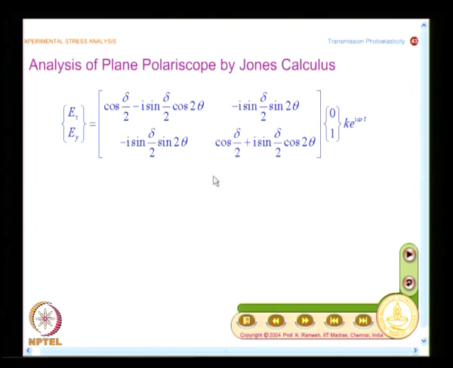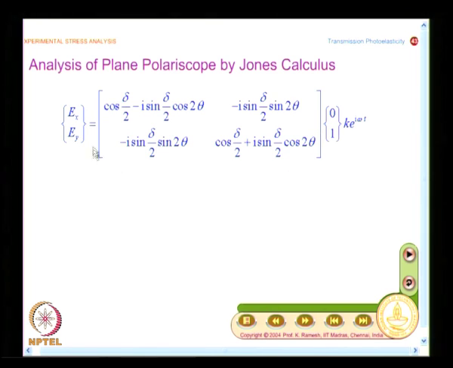You have only the model, and you have already written down how to represent a retarder. In fact, you can put the rotation matrix, retardation matrix, and reverse rotation matrix, and then finally arrive at this. But instead, if you directly write it, it saves your time, and it is very simple to remember, it is not difficult, which you will be in a position to do.